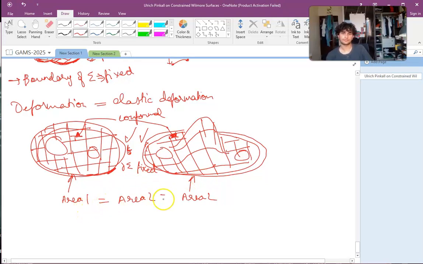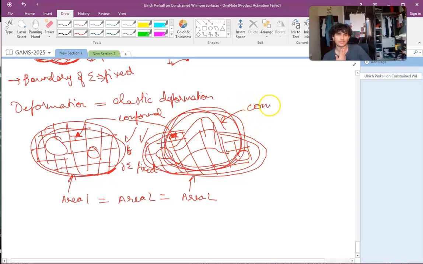And what else? We said boundary, we said compact. This little bulge over here is bounded within this region, right? So it is compact support.